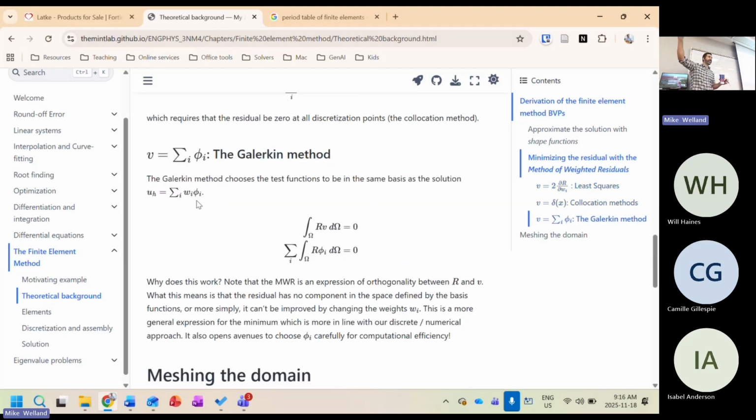But instead, we're going to do something else, which is called the Galerkin method. So again, you go through FEM, you're going to get into that. And what this guy says is that you're going to use as your test functions, these V and the minimum weighted residual, the exact same functions, the exact same prototype functions, shape functions, as you were going to use for your solution anyway.